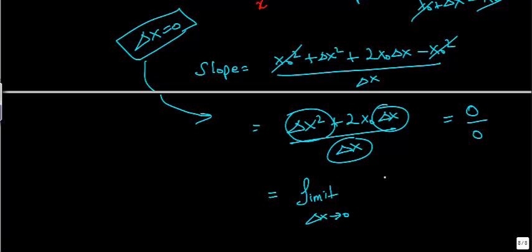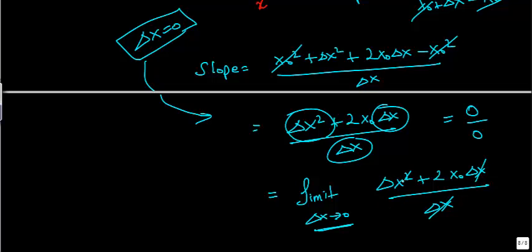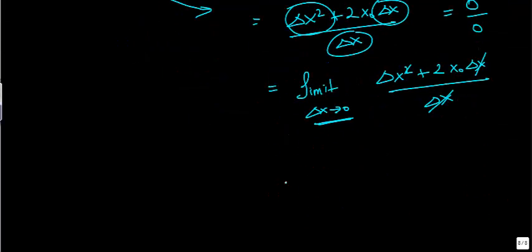In that particular case, you can do the calculations. Delta x square plus 2 x0 delta x by delta x. Fine. So given our assumption that limit delta x tends to 0 but not equal to 0, we can just cancel out delta x and delta x from here. What we will be left with is delta x plus 2 x0.